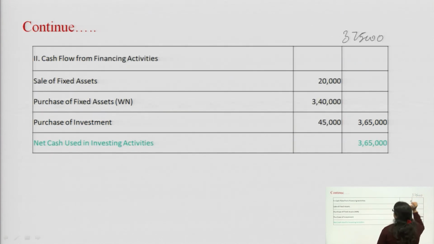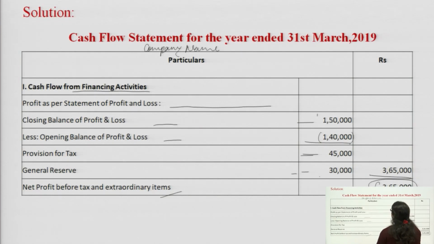What sales have we made in this? Sale of fixed asset was 20,000, and purchase of fixed asset was 3,40,000. Purchase of investment was 45,000. I will show you where we have taken this amount.